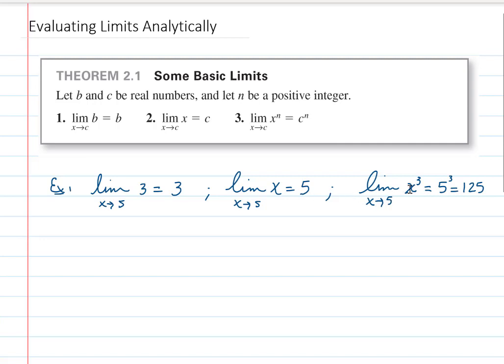Very similarly, if you have x raised to some power as x goes to 5, you just plug in the 5, and we get 5 cubed in this case, because we're doing the limit of x cubed, and that's of course 125, and that's the limit. So very straightforward. I should be able to quickly do any of these basic limits.